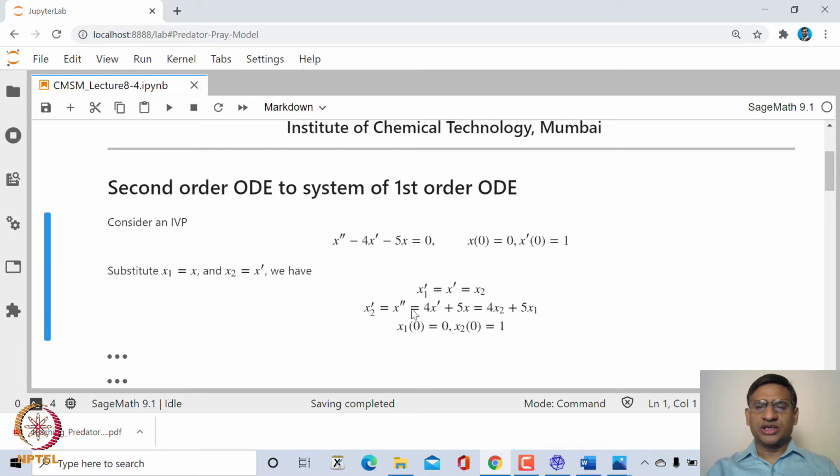So, this is a system of first order linear differential equations, which is obtained from this second order linear differential equation with these initial conditions. If you have third order, you will get 3 equations in 3 variables and so on. So, in case you have an nth order linear differential equation, then you can convert this into a system of n first order linear differential equations.